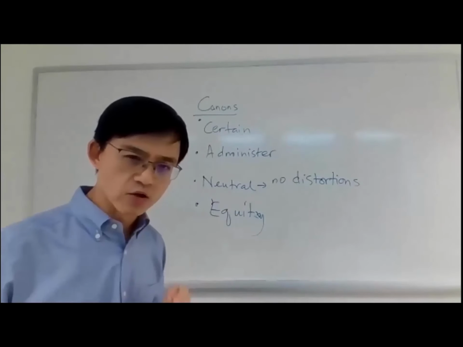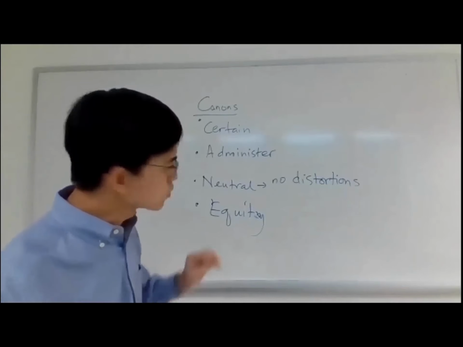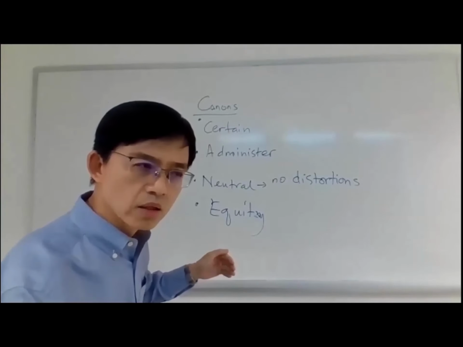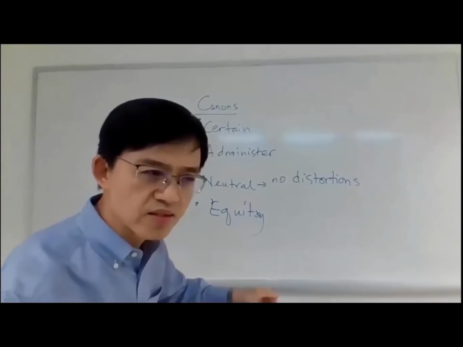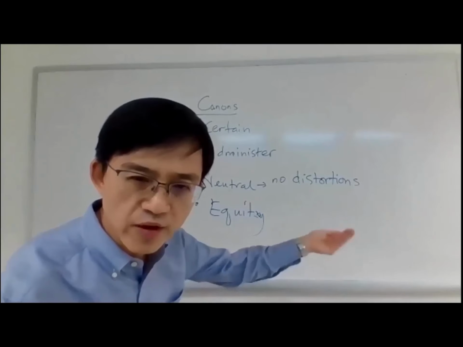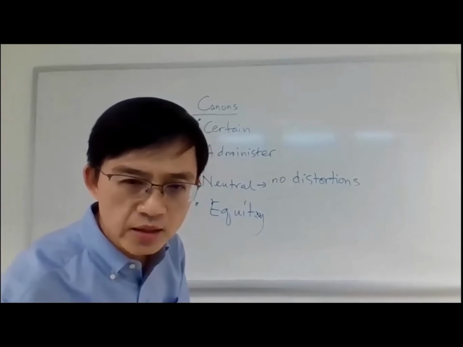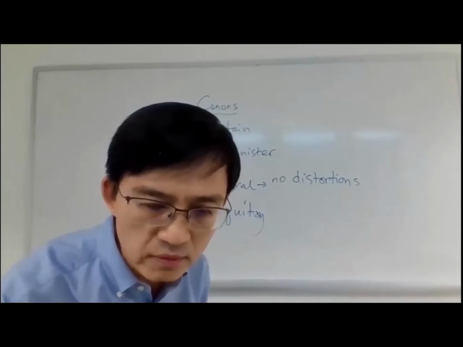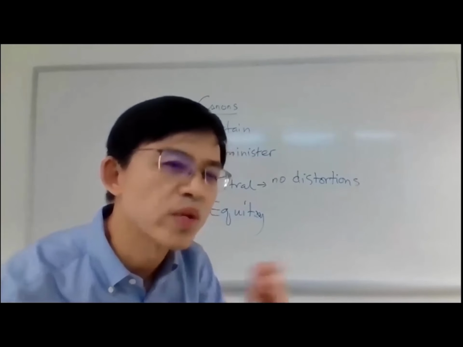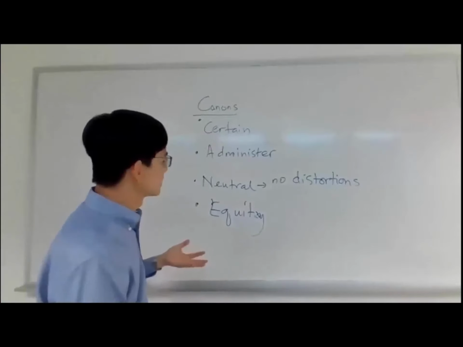But equity as a concept seems to require us to consider what is fair. We distort behavior in the sense that, like, we talk about a CEO having to pay a higher tax rate at 45% compared to the cleaner, who maybe pays at 4%. Now that is distortionary. But how do we justify the distortion?